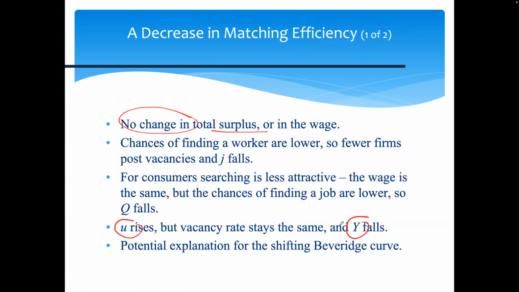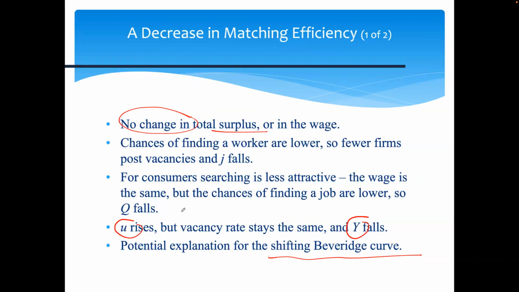So this can potentially explain the shifting of the Beveridge curve. Remember the shifting Beveridge curve we have seen. In some sense, what happened after the Great Recession, and why did the Beveridge curve shift out? It could be the matching efficiency.